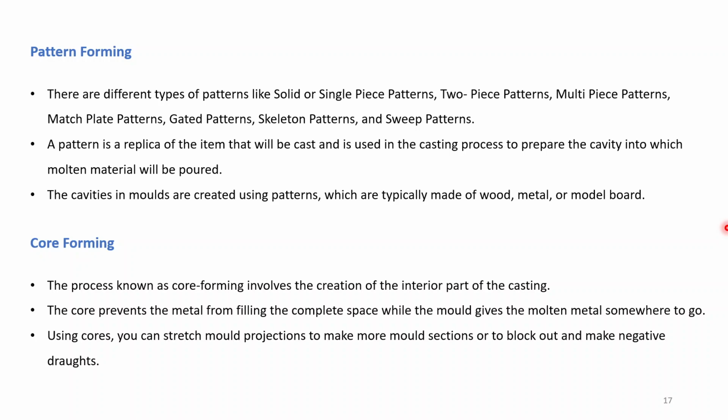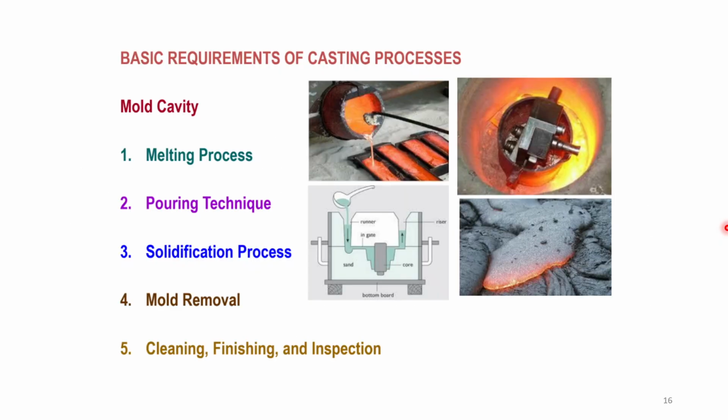Okay, so after making a pattern, you also require a core. In the previous image, this part is the core. If you want to form some casting which is hollow, or where you can put something inside, then you require a core. So in the core your material won't enter. You can either make it entirely solid and then machine it out, or to save some material you can use a core as well.